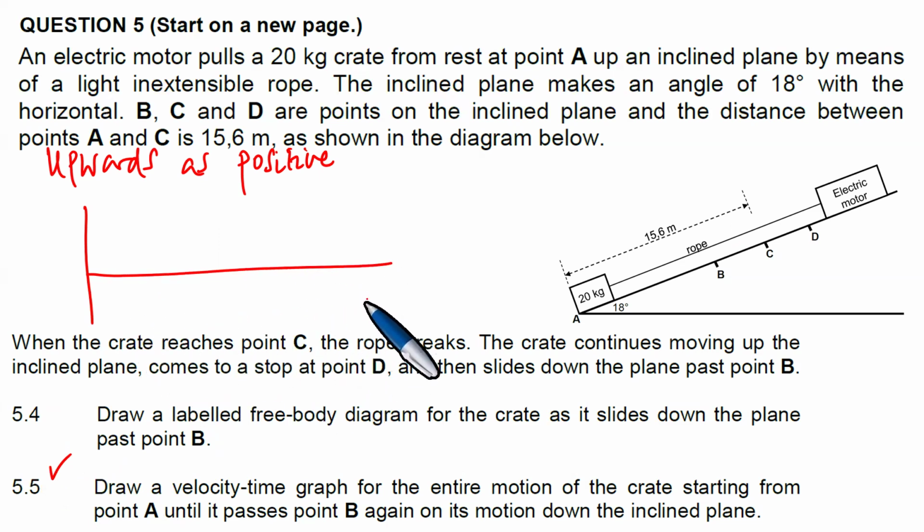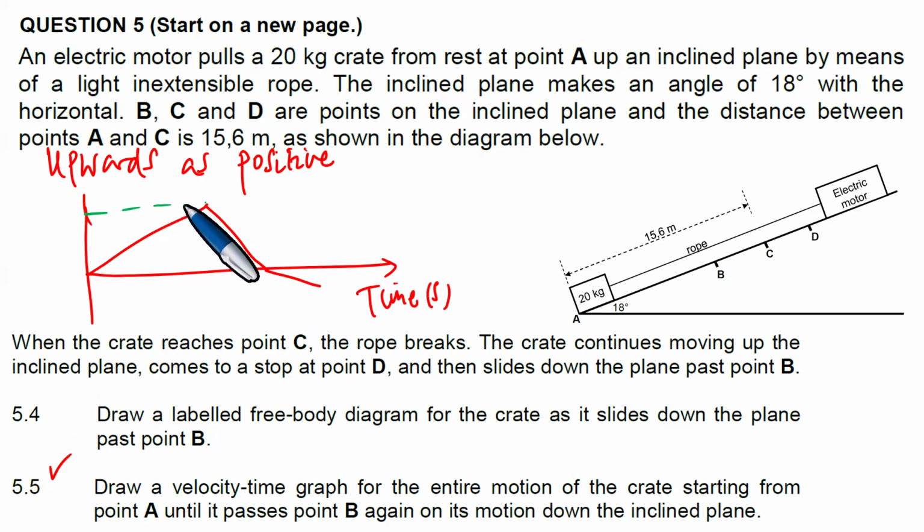So you're therefore going to have the time in seconds. It's going to be exactly like this, and then it's going to be like this, and then at this point, I can do it in green. I want to mark the velocity of 5,96 here.